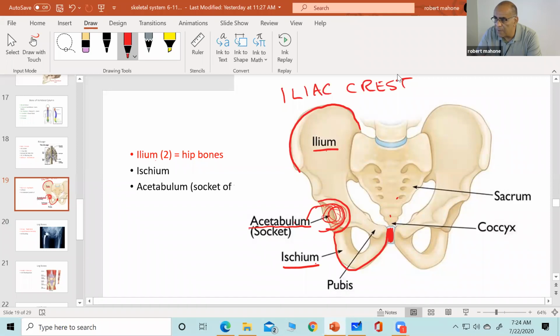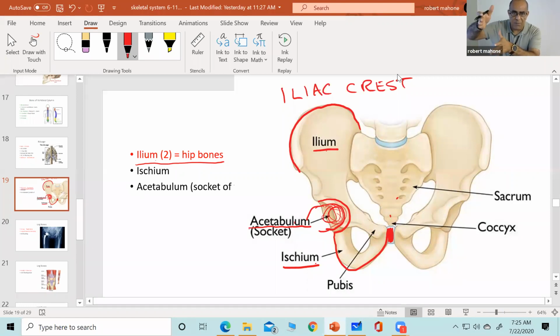From here, I need you to know that the ilium is the hip bone, because we use all types of landmarks on the skeleton to let us know where to do something. For example, right up here in the shoulder, you find this bone right there at the tip of the shoulder, and then you place your hand on it, right on that bone like this, with the arm out this way.